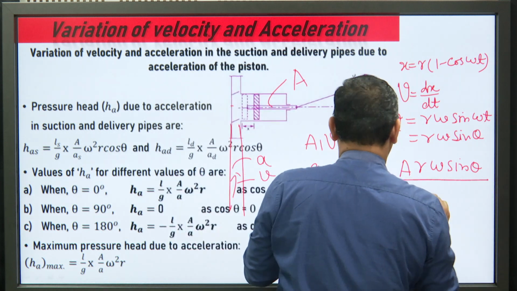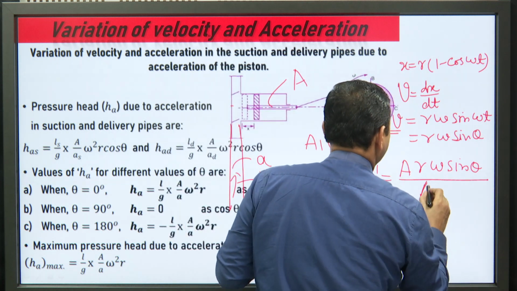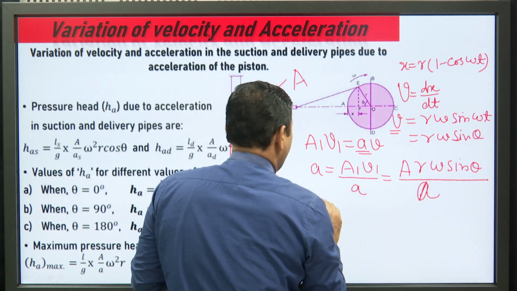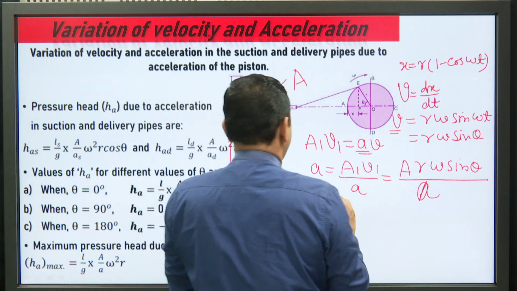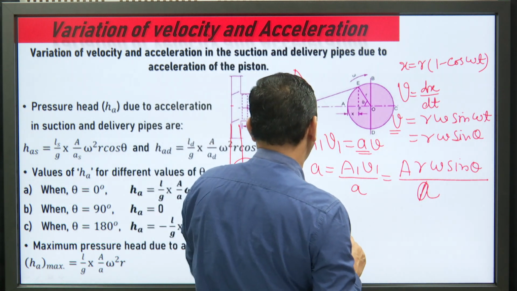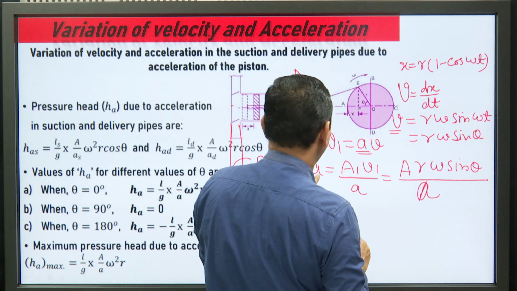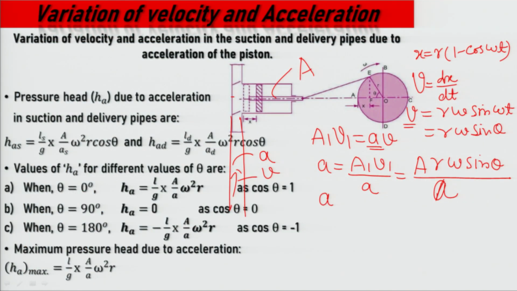So small v equals A upon a into r omega sin theta.